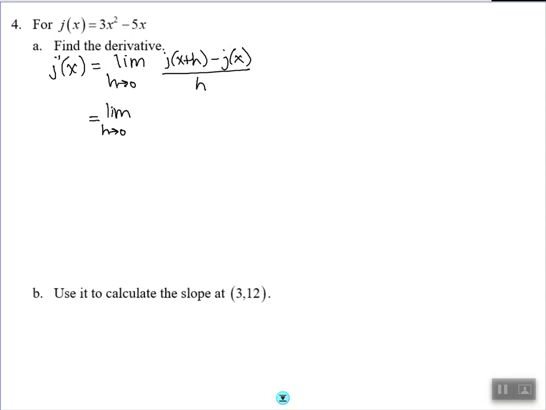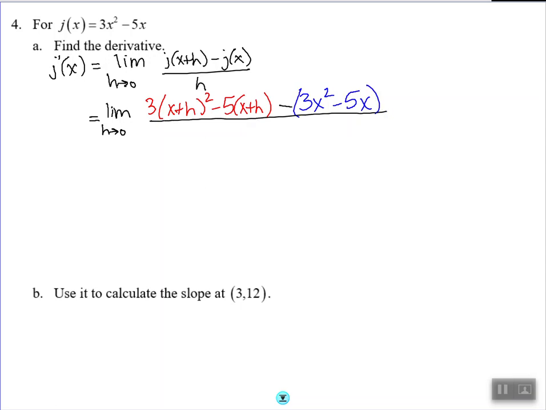So first, I need to plug in x plus h into my function. Then I'm going to subtract j of x, which is 3x squared minus 5x, and divide everything by h.